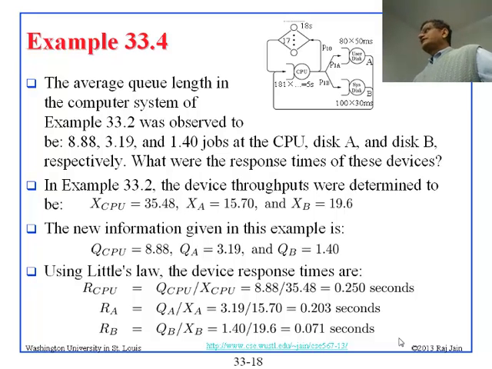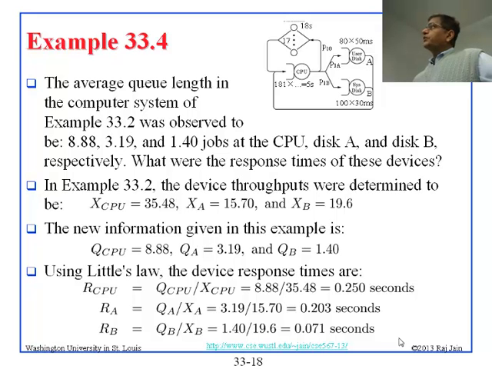So Q is 8.88, throughput is 35.88 here. So the response time for the CPU is 0.25. Response time for disk A is 0.2 seconds, and response time for B is 0.07. So what are the response times? Basically, this is how long it takes for each visit to disk A. Whenever you go to disk A, there are two things you have to do.